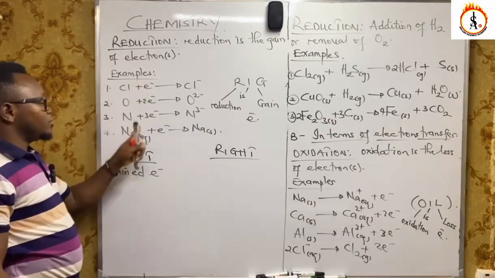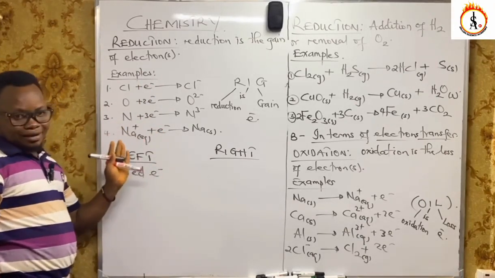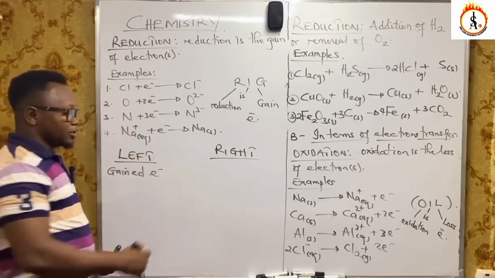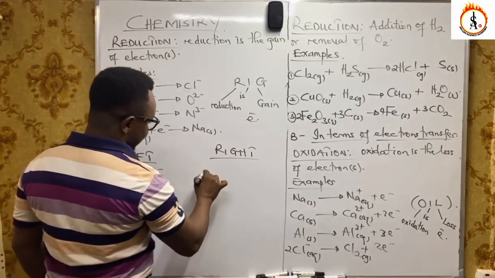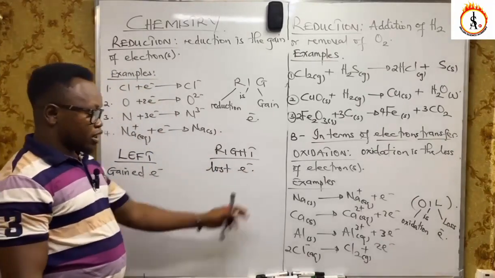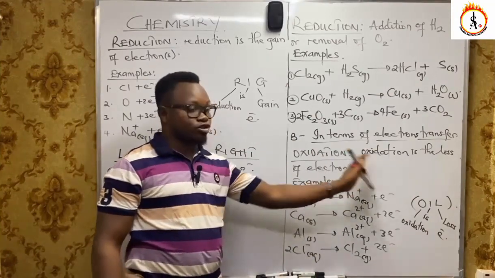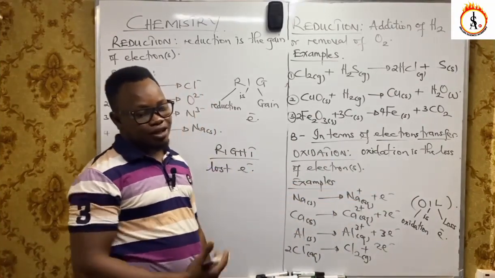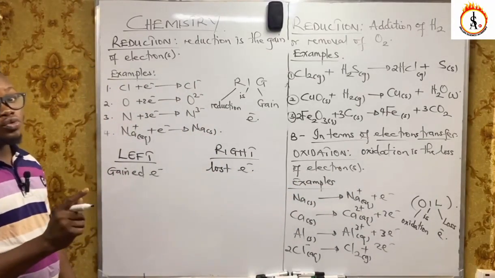For example, for the reduction process, all the electrons are written on the left hand side of the half equation, and then on the right, if they are written there, that tells you they are lost electrons. As we saw in the examples for the oxidation, all the electrons were written on the right hand side of the half equation. So this is something that you have to note.